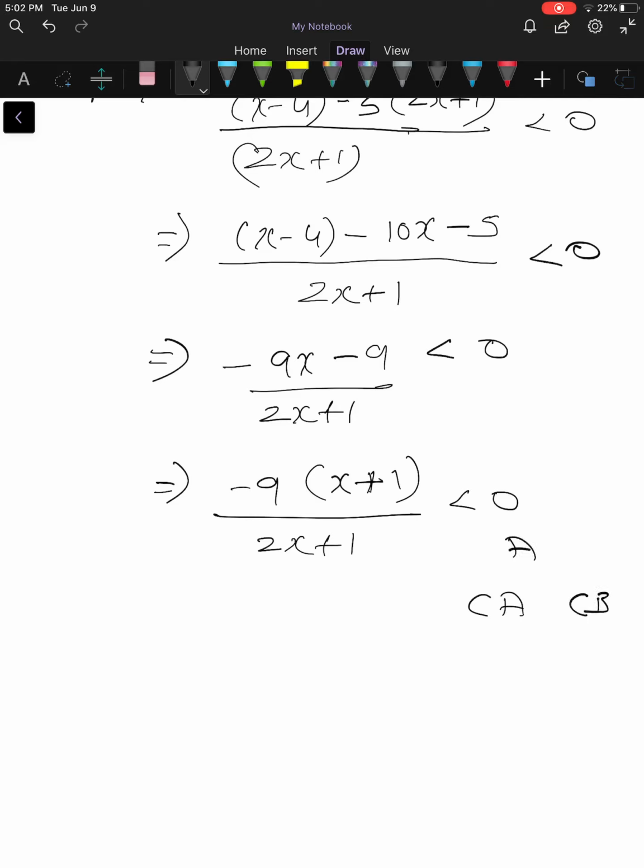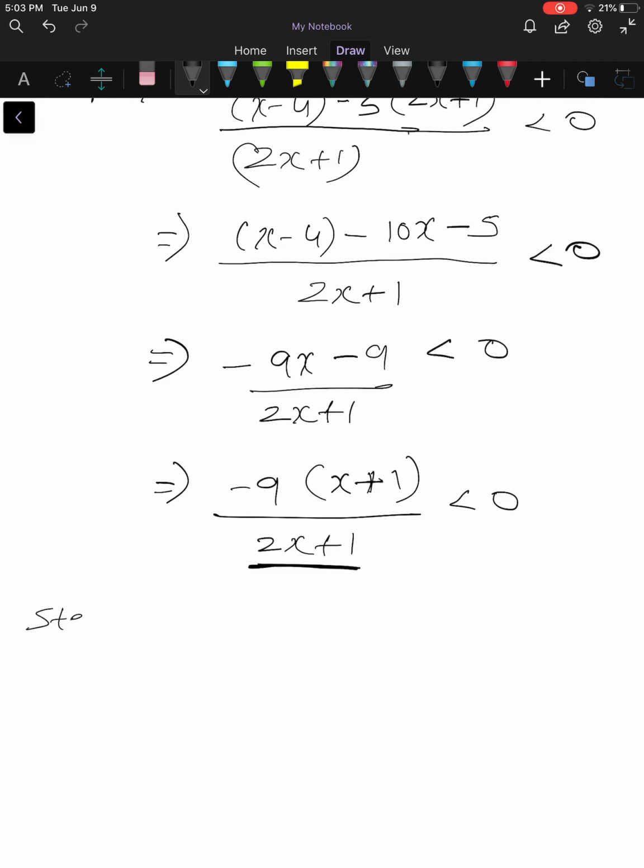You remember, A less than or equal to B: when C is greater than 0, you can retain the inequality. If C is less than 0, you have to reverse the inequality. So we do not know the sign of this, so that we can retain or reverse the inequality. That is why we do not undergo that procedure of multiplying by 2x plus 1 and cancelling out. That can be done only with real numbers, not with expressions.